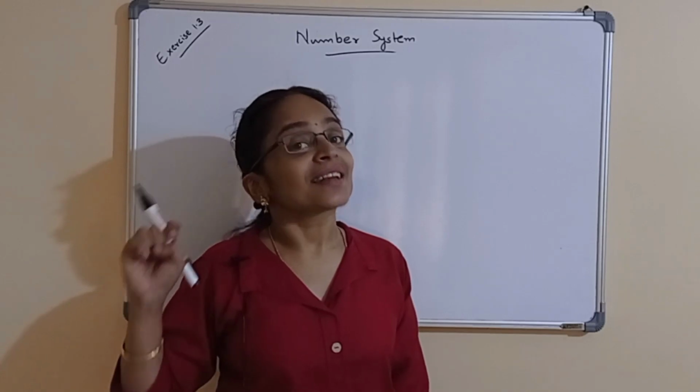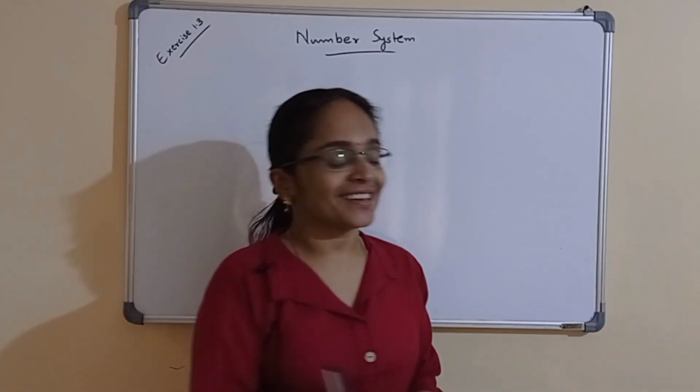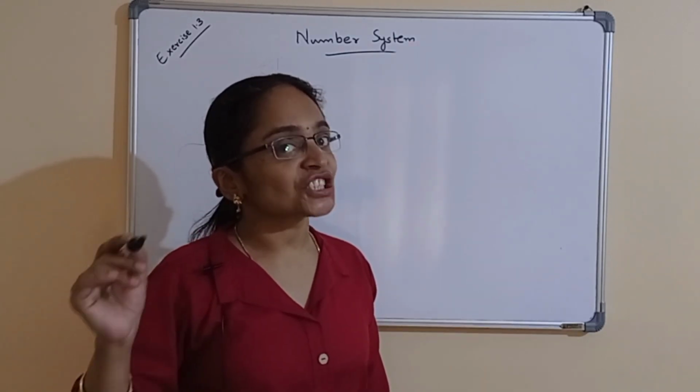Now, next question is, write 3 numbers whose decimal expansions are non-terminating, non-recurring, which means it will be an irrational number.